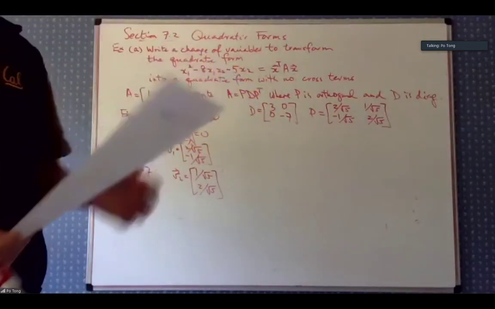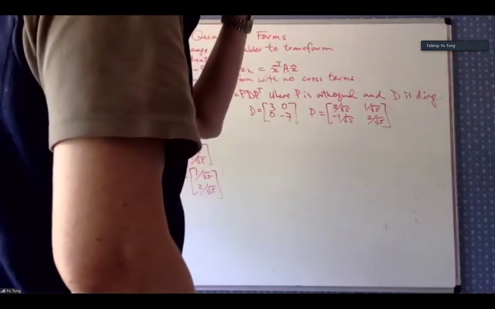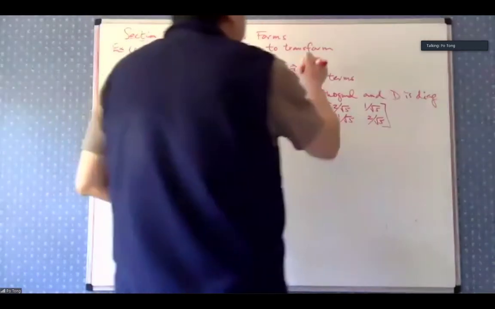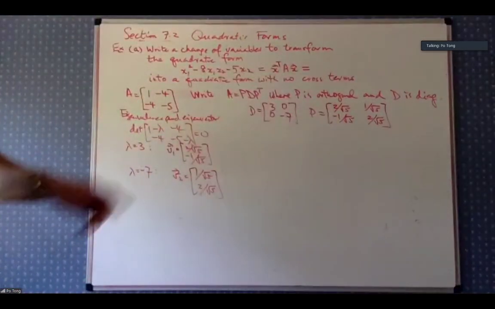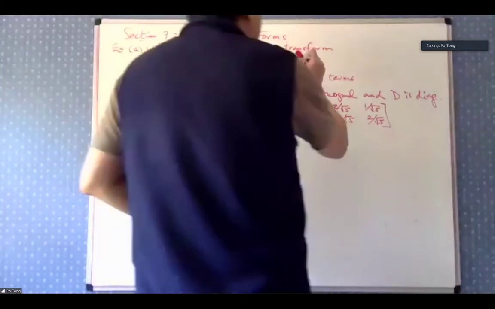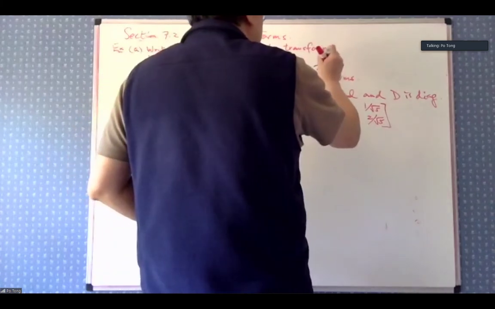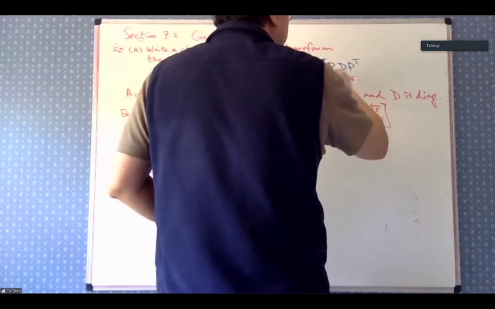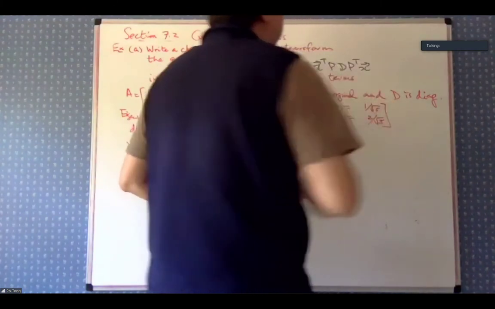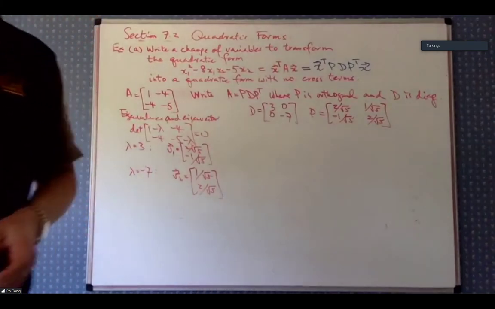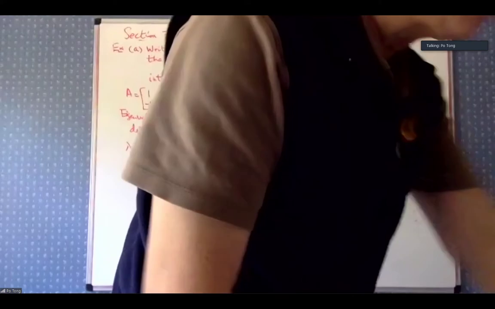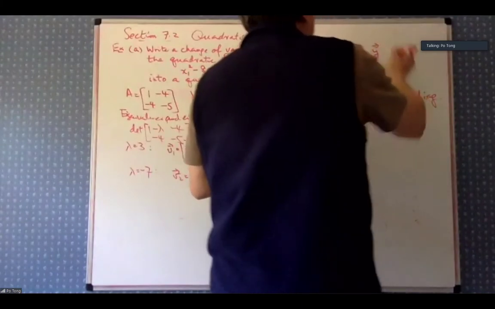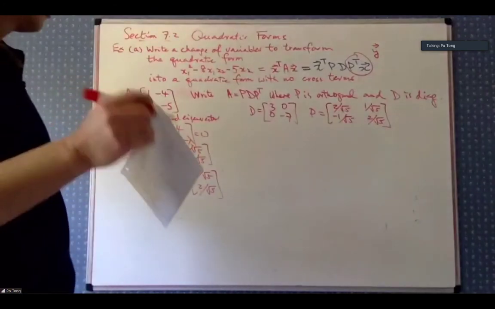So now I have this guy here, and it's going to be equal to X transpose P D P transpose X. Now we are going to call this thing Y. So here's the substitution, the change of variable.